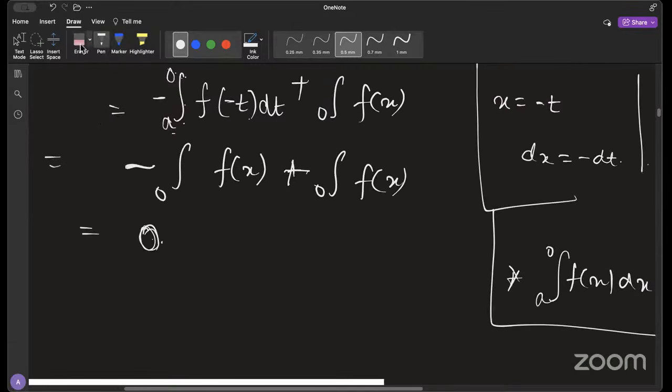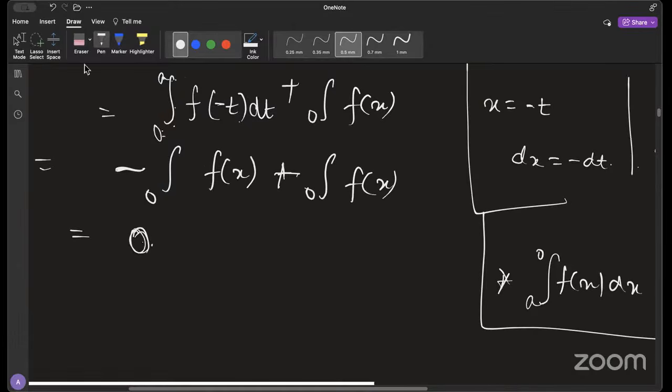Now if I interchange these two, if I put 0 here and a here, then a negative sign gets introduced. That means I'll have one more negative here. This negative is going to become positive. And here you will have this thing.